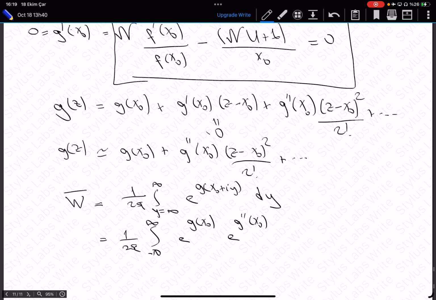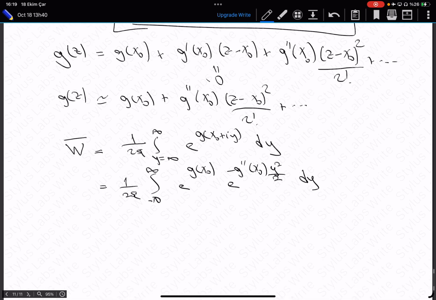Well, instead of z, when I replace x0 plus iy, x0's cancel, I end up with minus y squared over 2. And then I have other terms which I ignore because, as I said, this integral will receive, this will be huge. So it will only receive contributions around y is equal to 0. The other terms have higher powers of y, so their contribution will be even smaller.